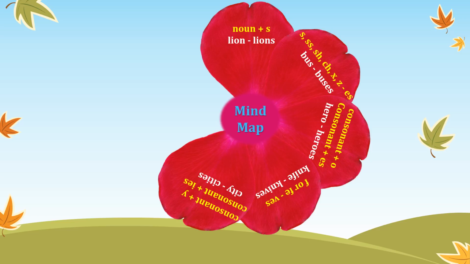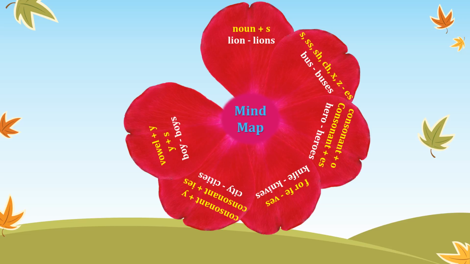If your noun is ending with y, quickly check, do we have a consonant before y? If yes, then cut y and write ies. For example, this word city has y in the end. Just cut y because there is a consonant before it and make it ies. So city will become cities.